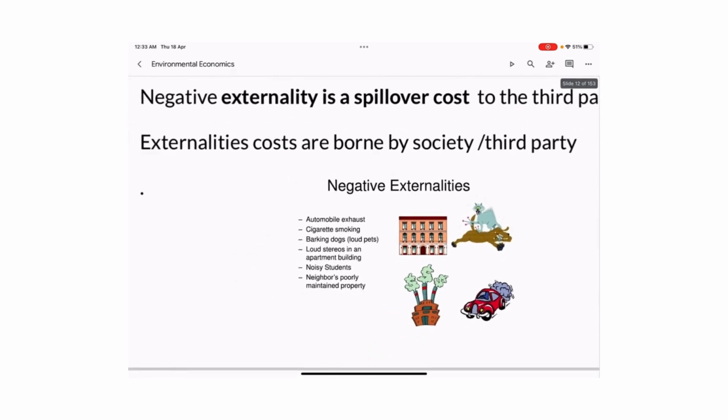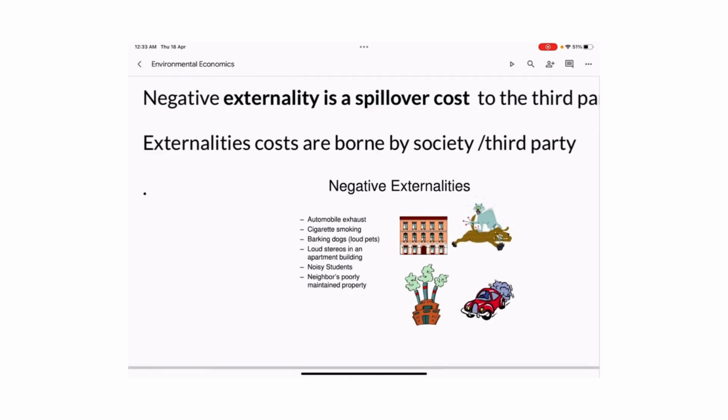Now, if you look at all these things, for example, the first example of automobile exhaust, you might see that the consumer and the producer of the automobile are the stakeholders. One is the buyer, another is the seller. But the third party, the people who would inhale that exhaust, would be adversely affected. The society would be adversely affected. So it is an example of negative externality.